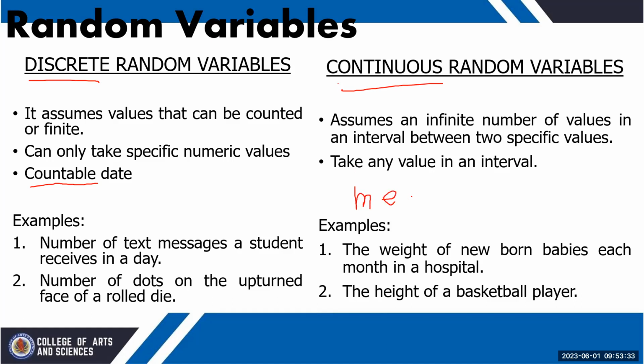So, na-measure. So, for example, number of decks. Syempre, nabibilang yan. So, that's discrete. Number of dots. Nabibilang. Kaya siya discrete. Weight, hindi yan nabibilang. That's measurable. Kaya siya continuous. So as your height. Other types of continuous are temperature, what else?